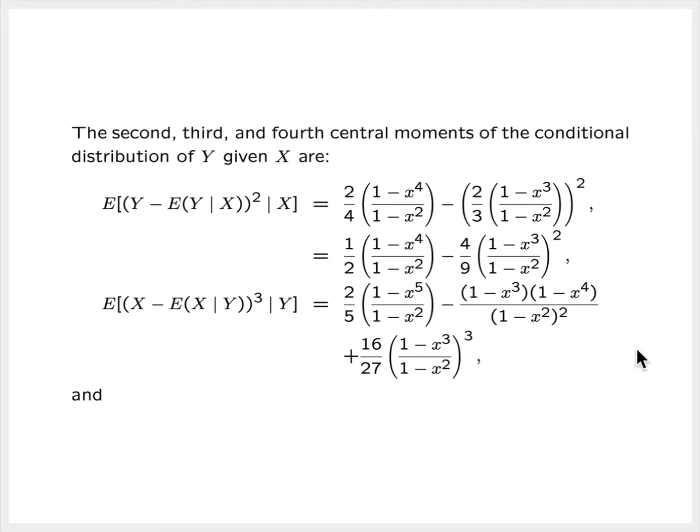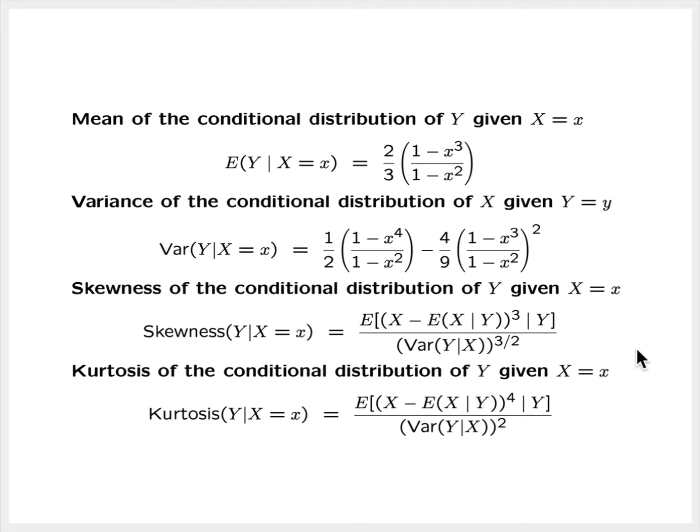So we would have to evaluate these, perhaps plot these using a graphics package, maybe using SAS or R or Minitab or something like that, maybe even a spreadsheet, and just check to see what the skewness and the kurtosis look like as a function of x.